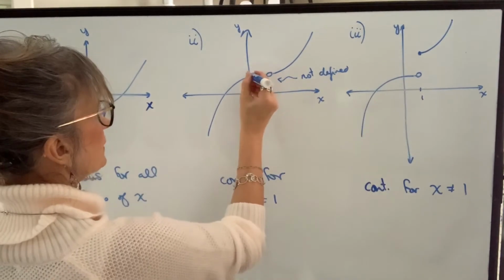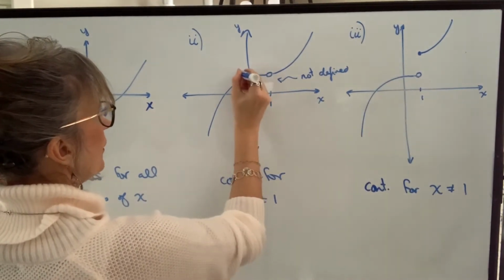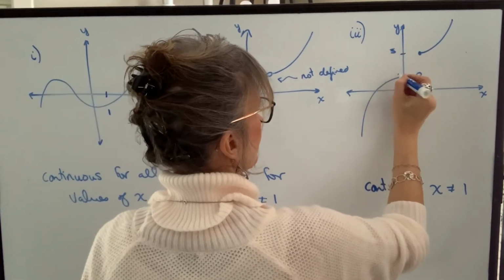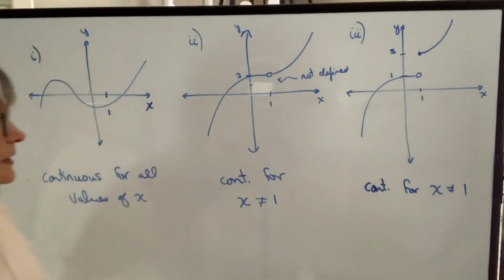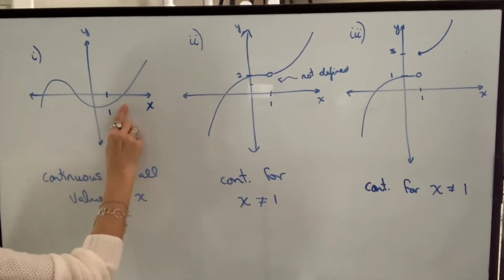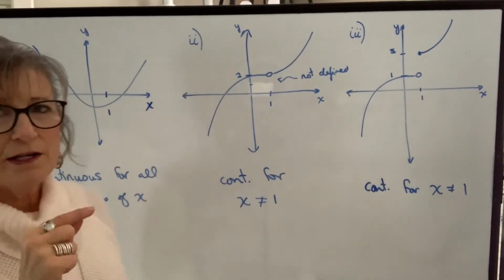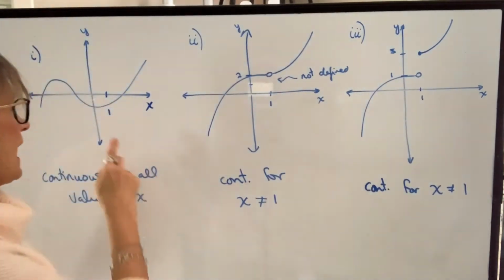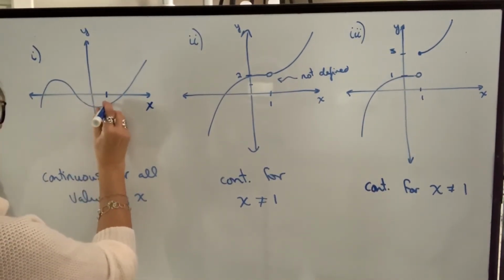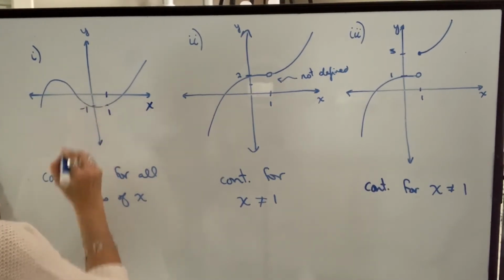And let's put a y value here of 2. And let's put a y value here of 3 and a y value here of 1. So if I looked at this graph and I said, what is the function approaching as x approaches 1? Oops, let's put our y value here as -1.